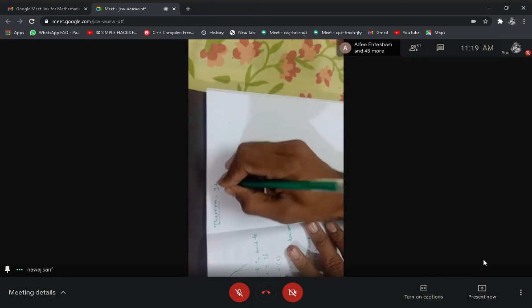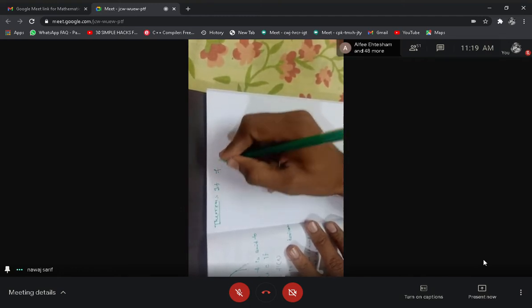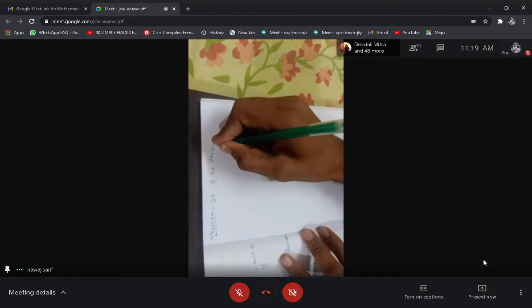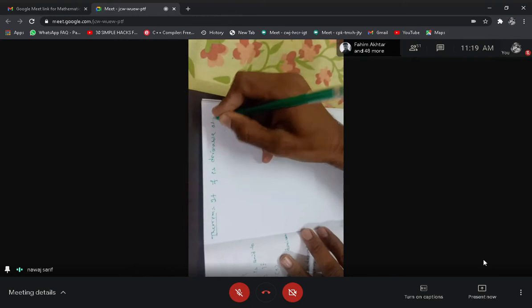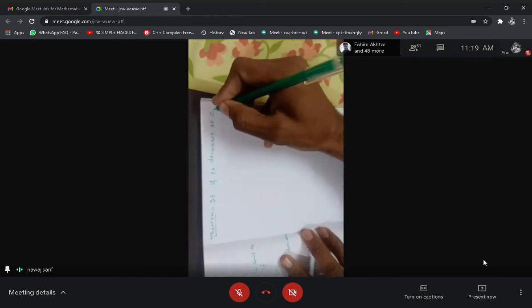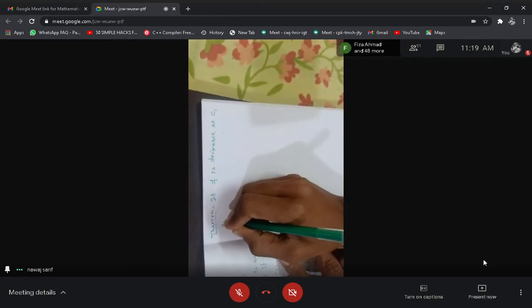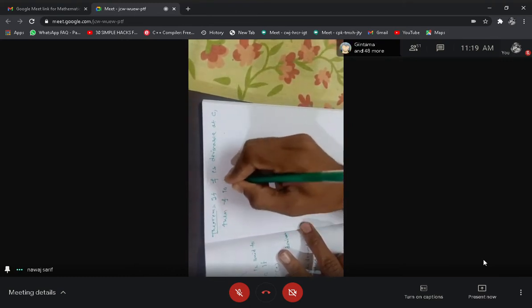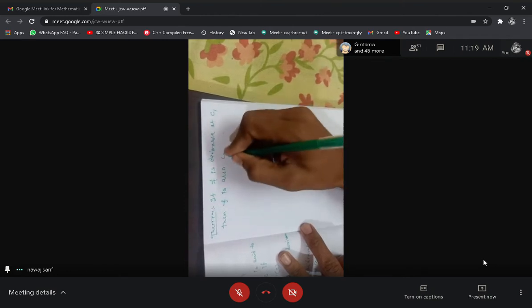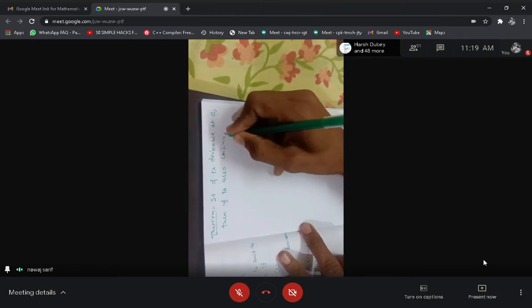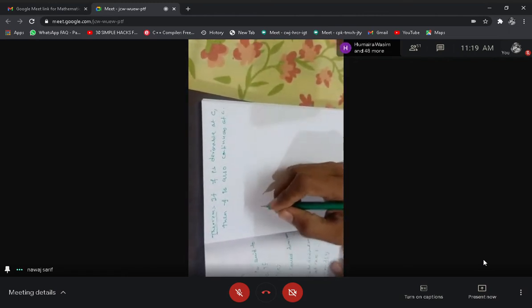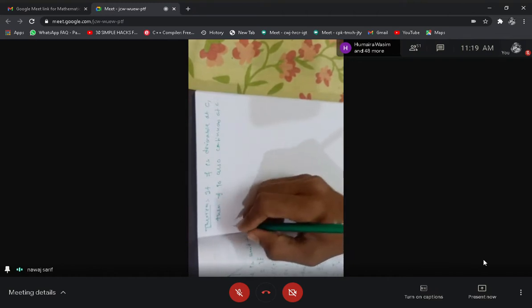Okay, if function f is derivable at c, then f is also continuous at c.